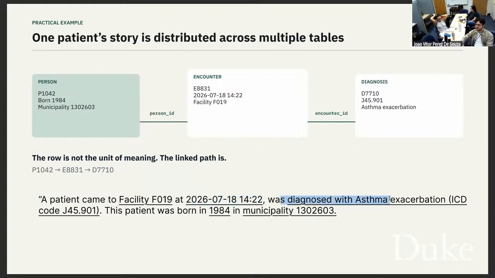It was diagnosed with asthma. This patient was born in 1984 in the municipality code, blah, blah, blah. So you can really describe what happens to the patient because of this. And you can create many different snapshots because of how you have organized this data. And this becomes reproducible, right? So it's the linked path across the data that is what really matters here.